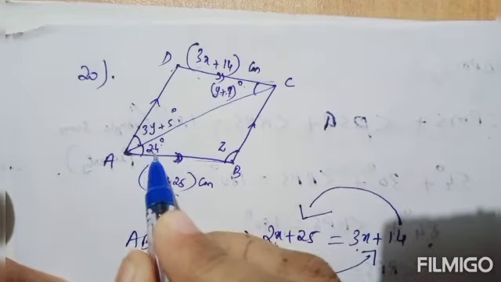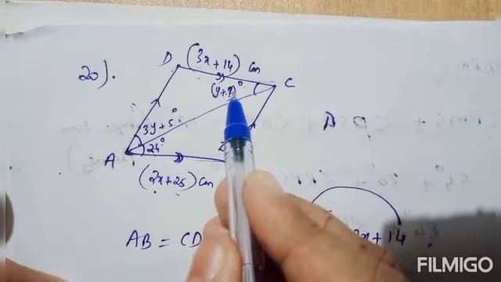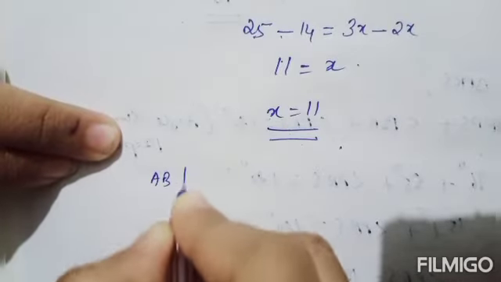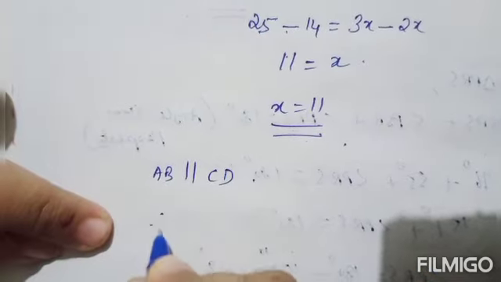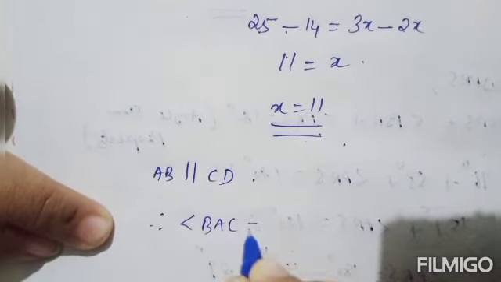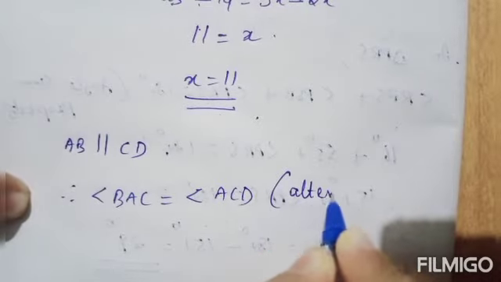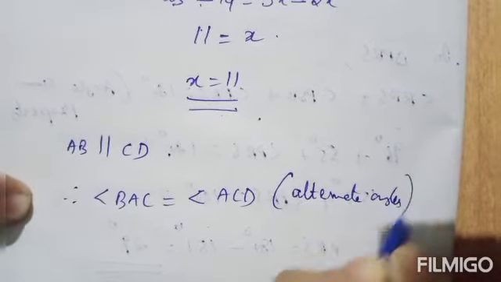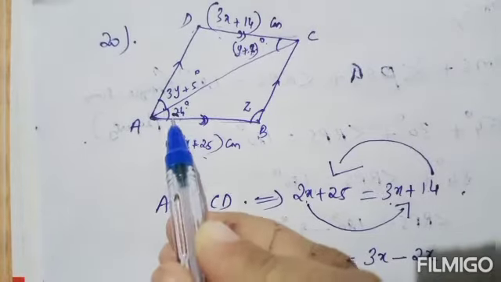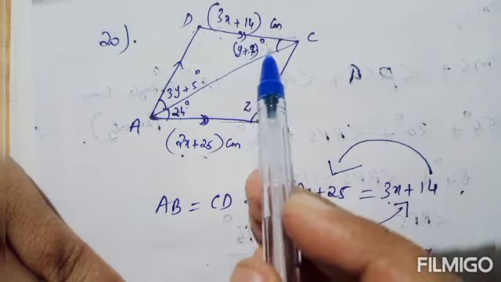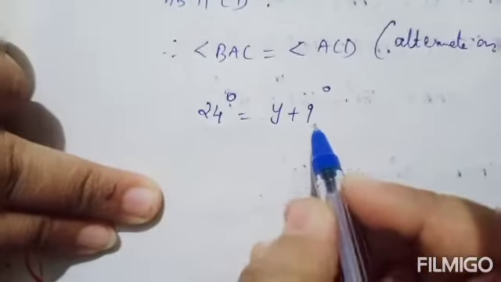Therefore, angle BAC equals angle ACD, since they are alternate angles, Z angles. Angle BAC here is 24 degrees. Angle ACD is y plus 9 degrees. So you can write 24 degrees equals y plus 9 degrees.